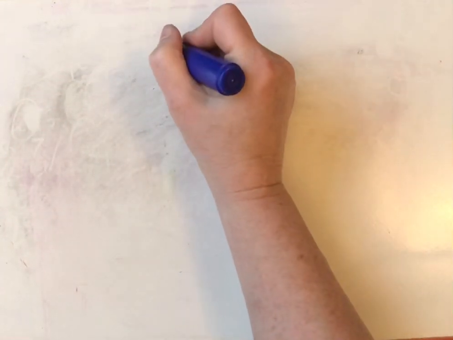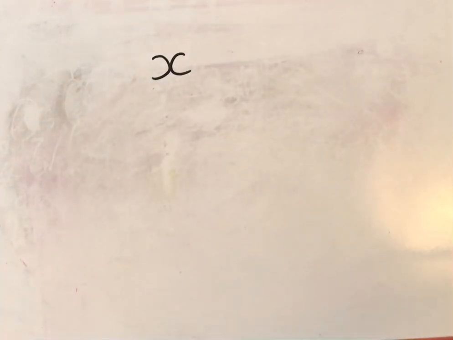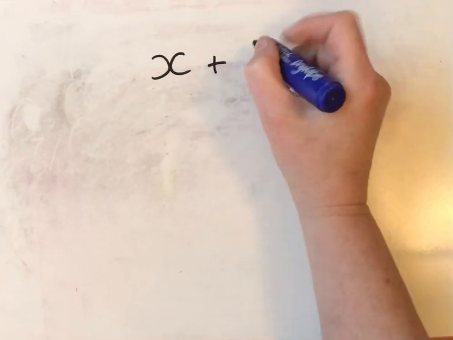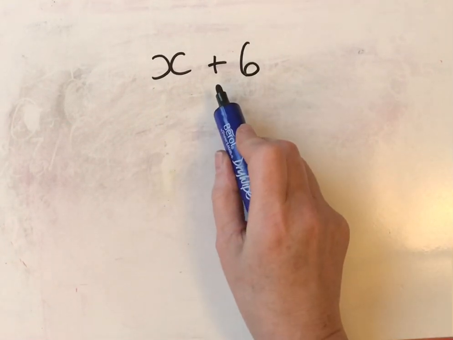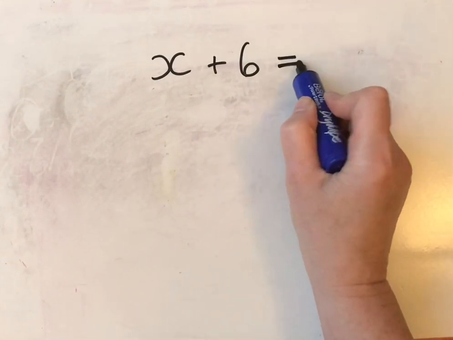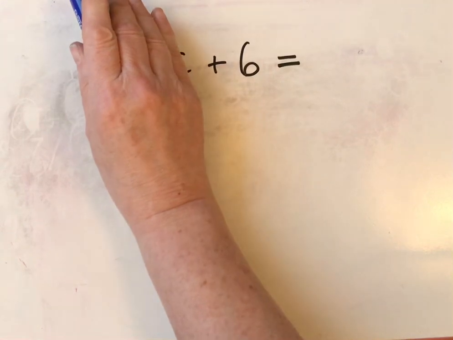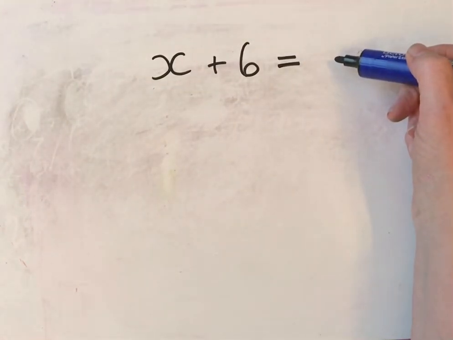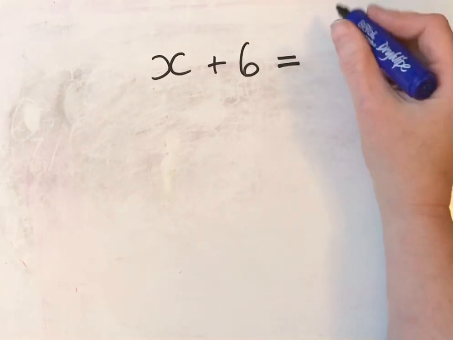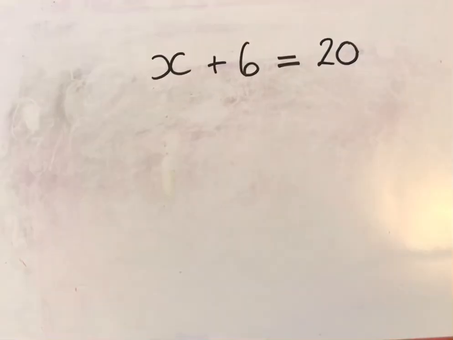So let's say I think of a number and I'm going to add 6. Well, straight away, as soon as you see that, you know that the number I was thinking of was x, after I added 6. So after I've added 6, I get the number 20.